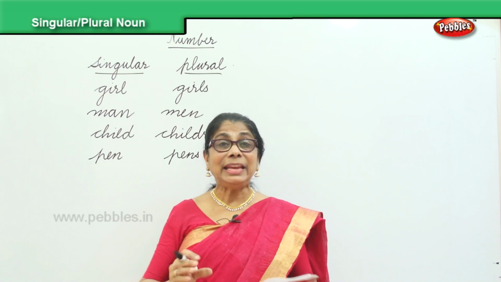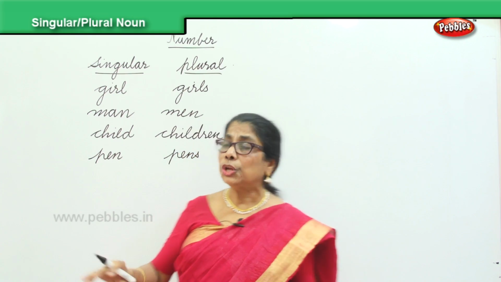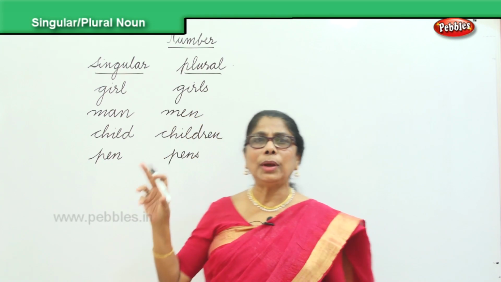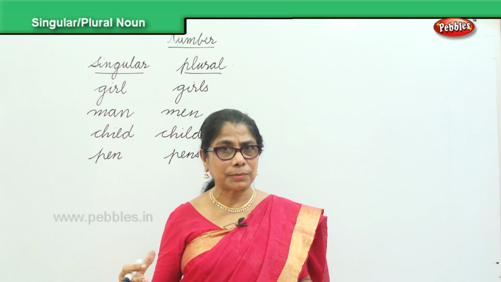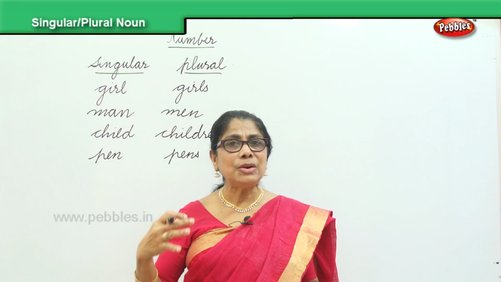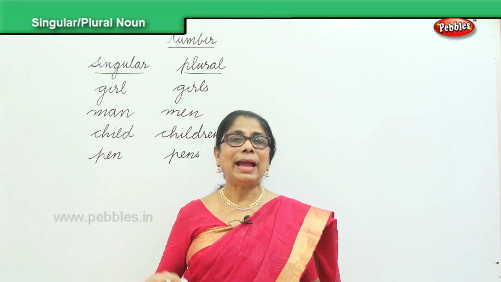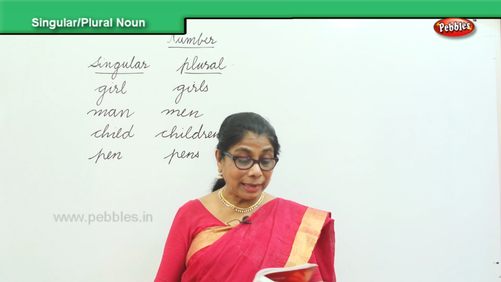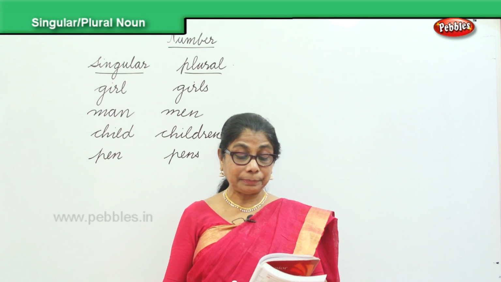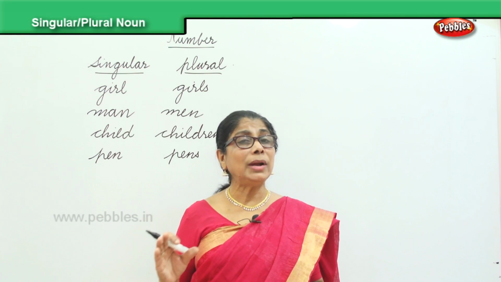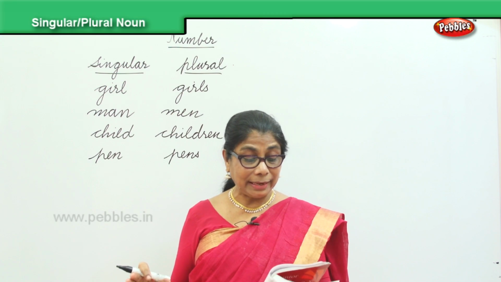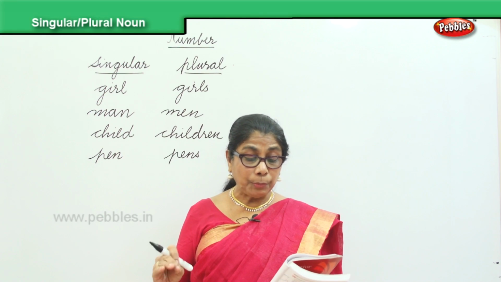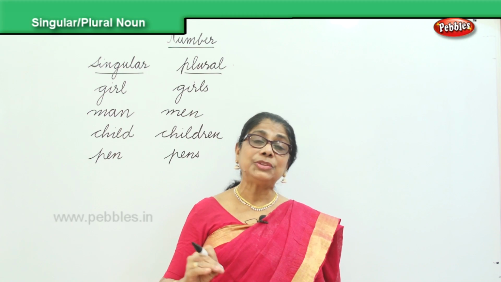Now, there are different ways you can form the plural number or plural nouns. And there are certain rules to be followed, and that's what we are going to look at very carefully. For rule number 1, most nouns form their plurals by adding s to the singular.